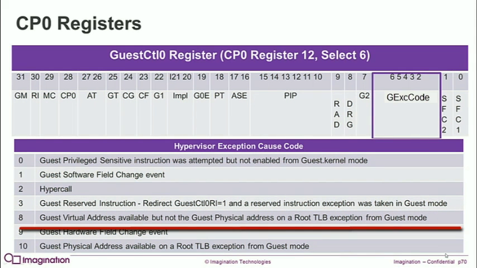GVA indicates that a guest mode access resulted in a root TLB access and the guest physical address is not available. Root bad vAddr is set to the guest virtual address. This is allowed for a non-TLB refill exception.